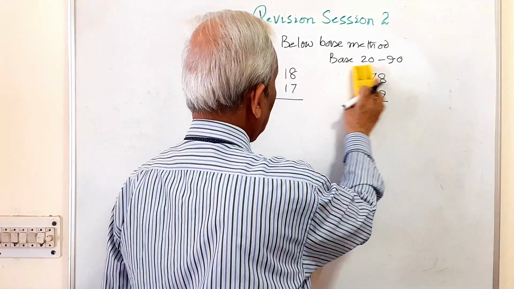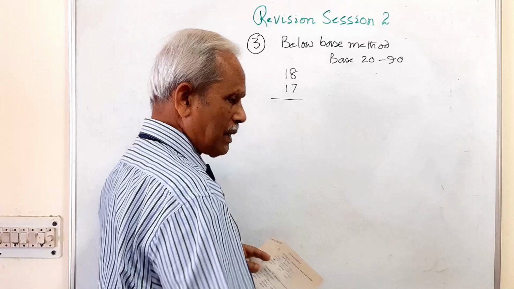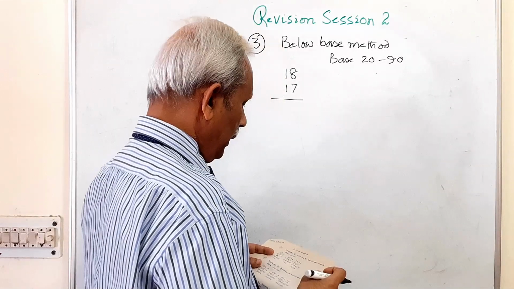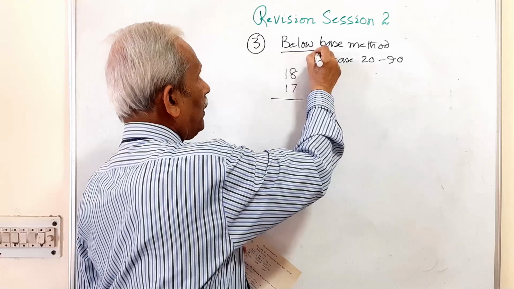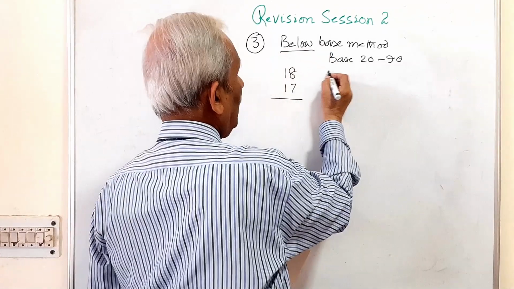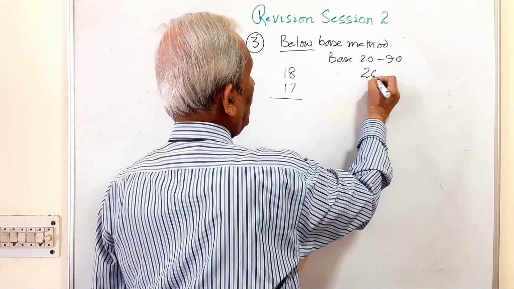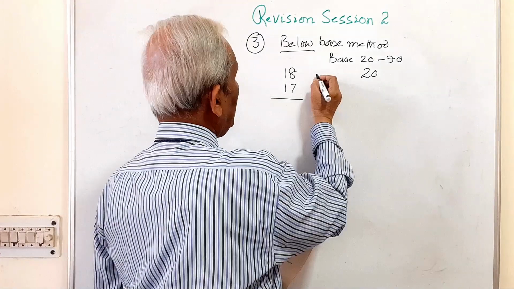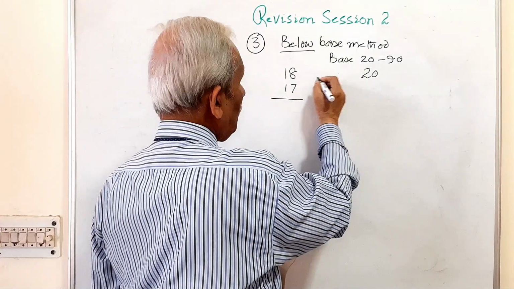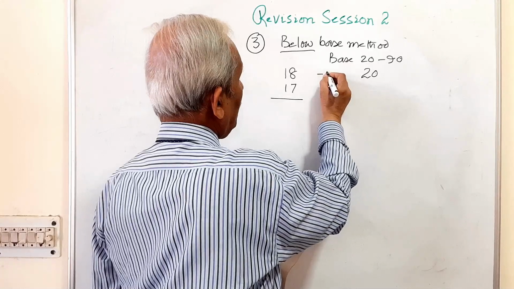Let me just solve these problems. 18 into 17. Here we are saying below base method. So what should be the base here? Base here is 20. The number 18 is below 20. So what we do is, 18 minus 20 is minus 2.